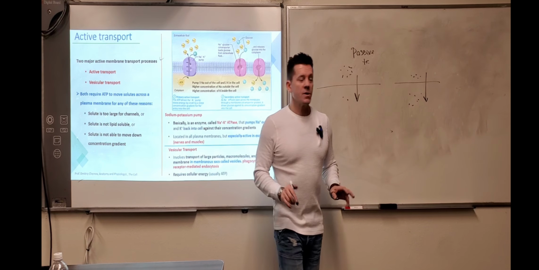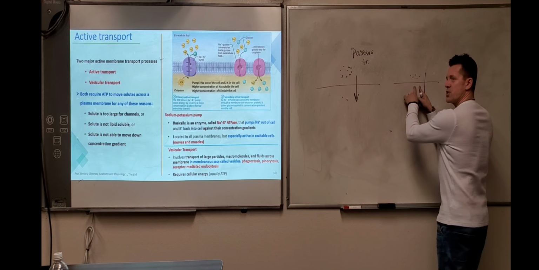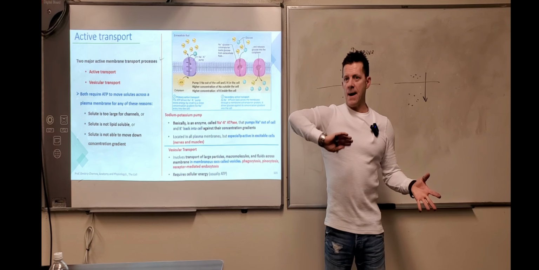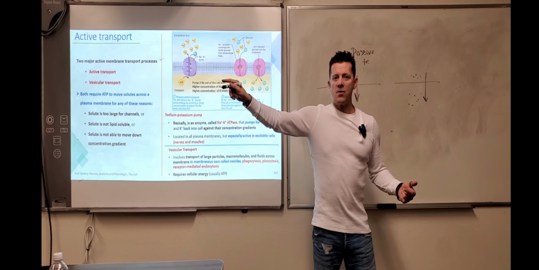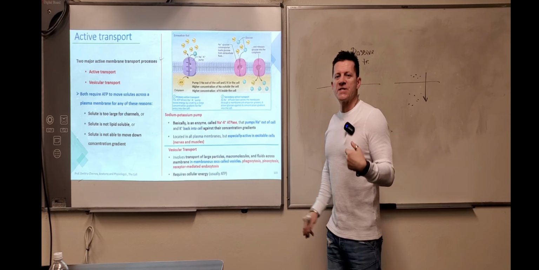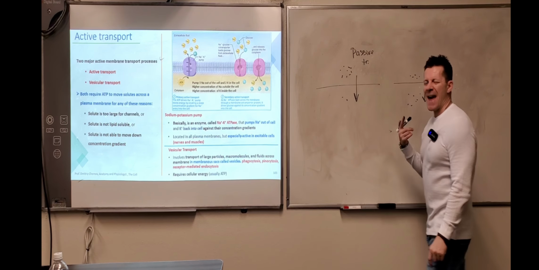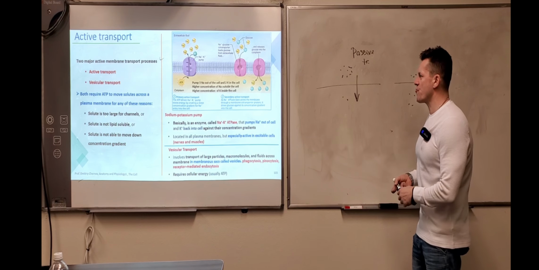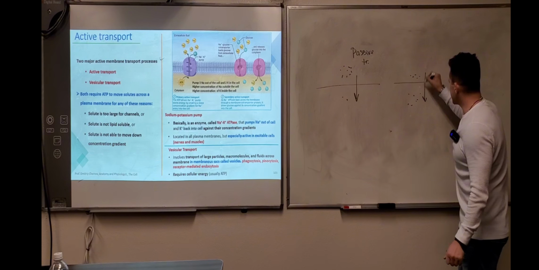So you need the energy in order to go against concentration. Pretend there are lots of people here, up to the door. So you need someone from the outside, from the corridor, to start pushing you inside. That's active transport. When you hear active, think energy, going against the concentration gradient, inside.